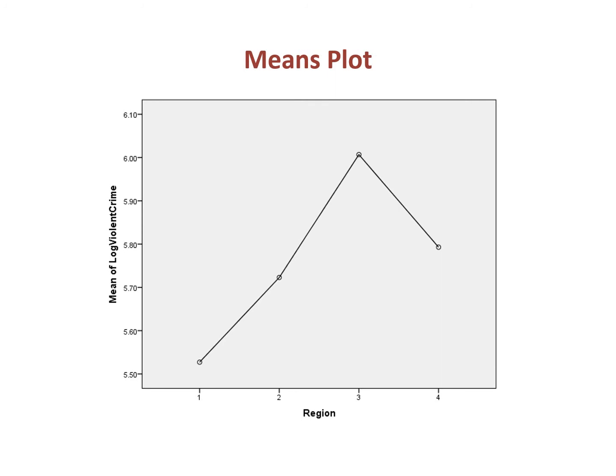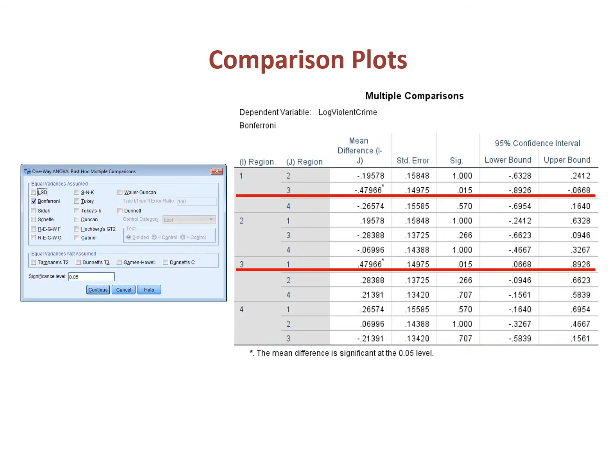An additional option is the means plot, which is a graph of the means by categories of the independent variable. Here we see the higher value for region 3, which is the South. Finally, the dialog box has a button called Post-hoc, which creates a table allowing us to compare the mean and standard deviation for each region with every other region, and also tell us whether the difference between means between each combination is statistically significant.